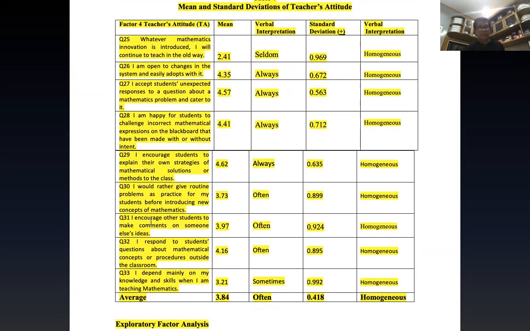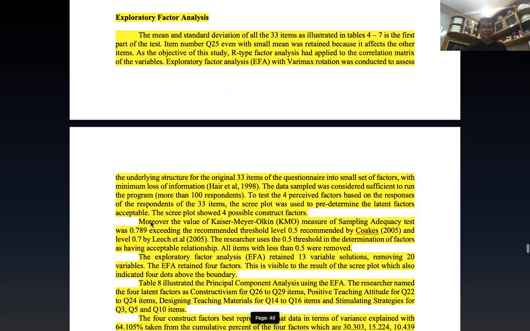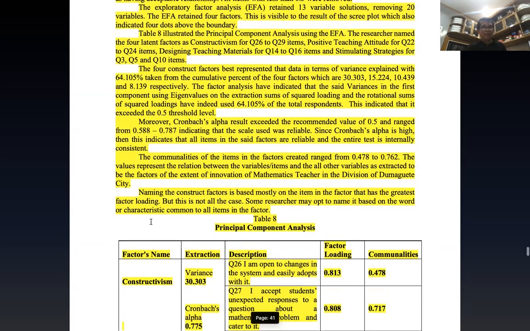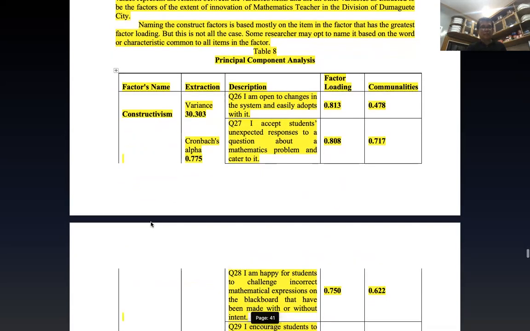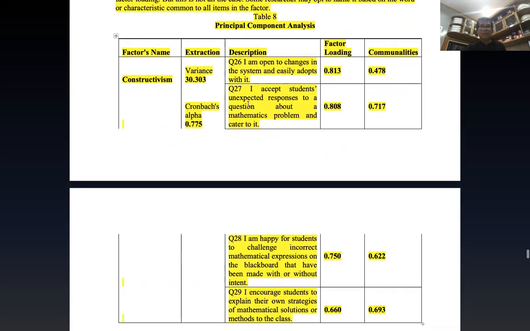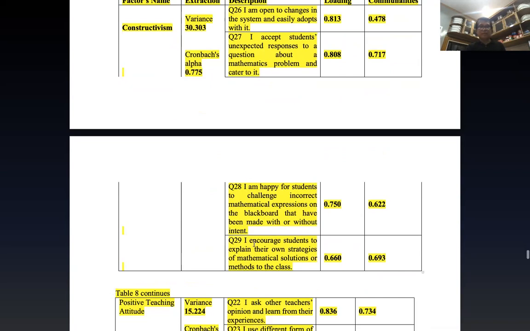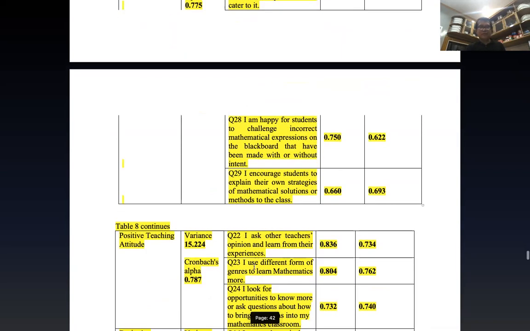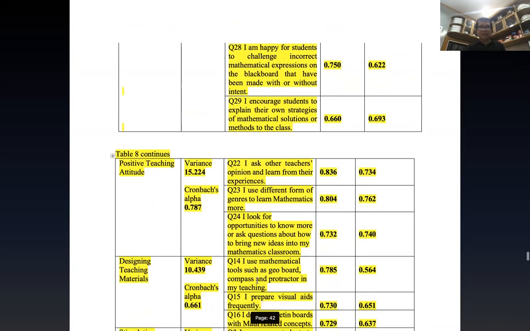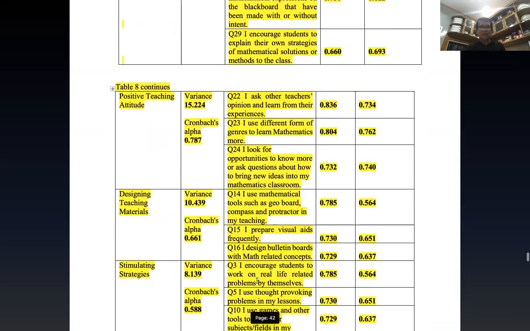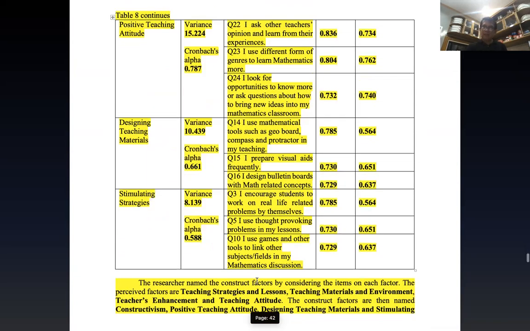So originally there were 33. But after factor analysis, the remaining statements is now 13. I repeat, we have 13. So from 33, it is being reduced to 13 statements.